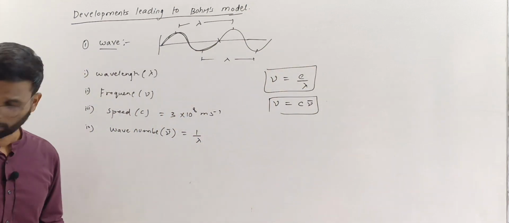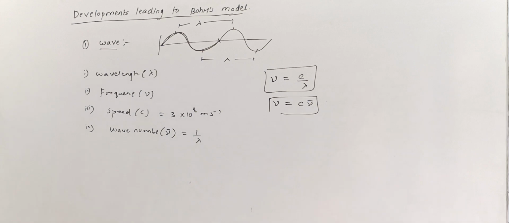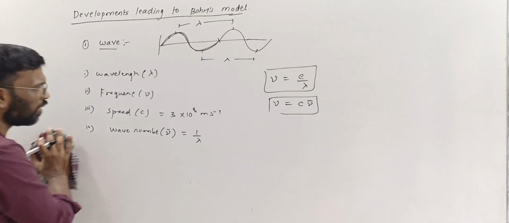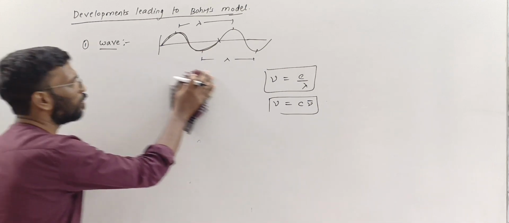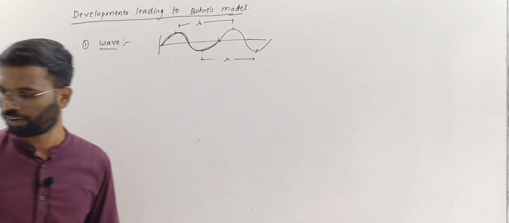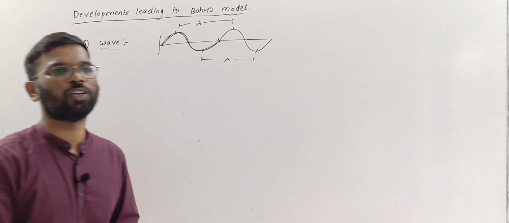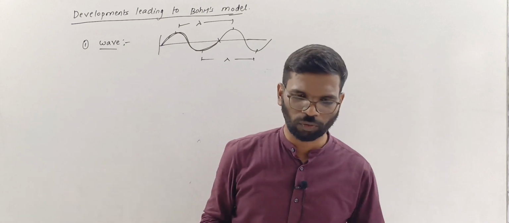These are the things you should know. From the exam point of view, you will always need to convert a frequency to a wavelength or a wavelength to a frequency. That is where it will be used.